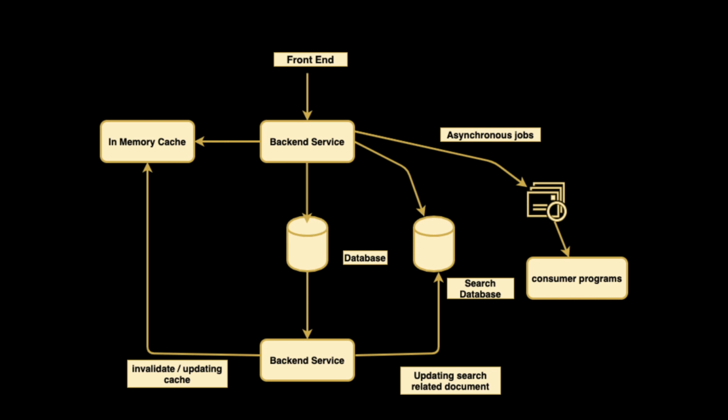All right. So let's revisit the architecture. When the front end requests some data or service, it will first hit the backend service. If the data is there in in-memory cache, get the data from in-memory cache, else get the data from the primary database. Okay.